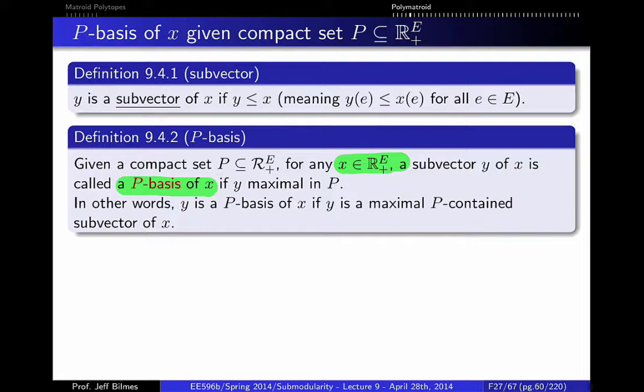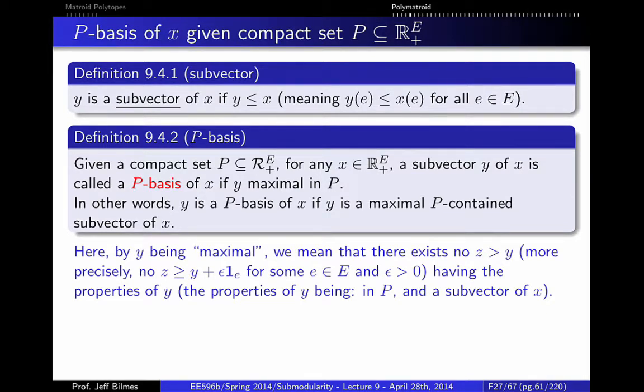It has to be a subvector of x, and it has to be maximal within P. So in some sense, P is some set, and we're taking the intersection of P with all of the vectors that are subvectors of x, and then taking the maximal ones, or the maximum. Then that's not necessarily unique. We're taking all maximal ones.